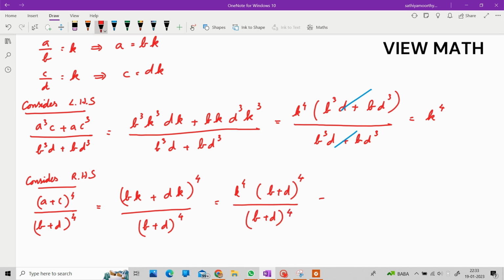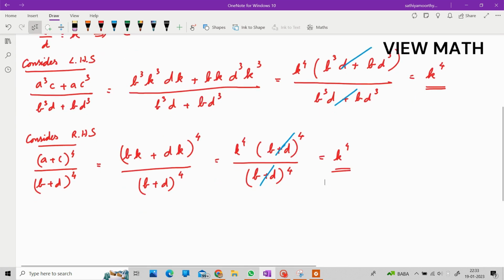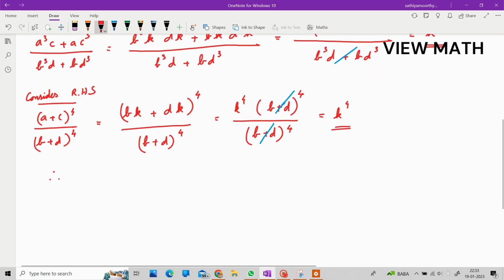So now (B plus D) the whole power 4 is common in the numerator and denominator. I am going to cancel this. So I will be getting K power 4. Now we have proved that the left hand side is equal to K power 4 and the right hand side is equal to K power 4. Therefore left hand side is equal to right hand side.